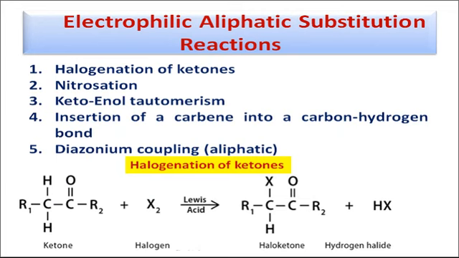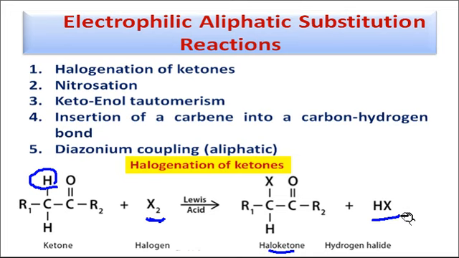So what is the reaction here? In this reaction, when halogen is reacted with the ketone in which alpha hydrogen is present, substitution takes place, and X, that is the halogen, replaces the alpha hydrogen from the ketonic compound, and haloketones are the formed product of this reaction with the elimination of the hydrogen halide.